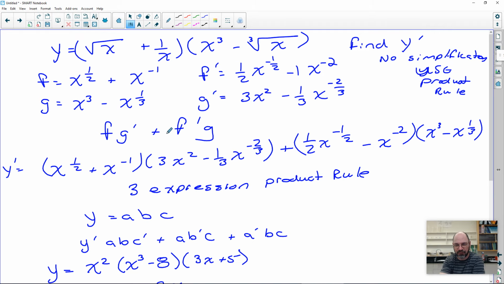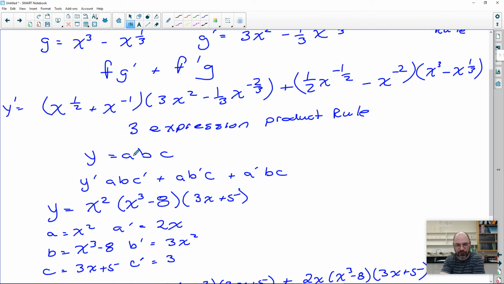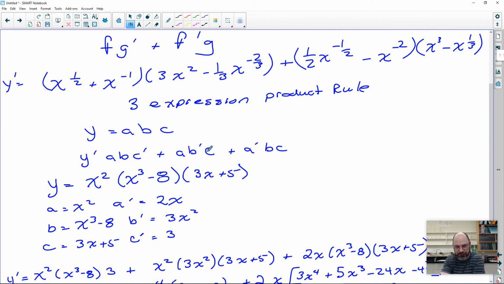Okay, and then we did another example like that, and then we did the three expressions together, which would just be, I should have an equal sign in here, sorry. It would be just the first two times the derivative of the third one, the first and third times the derivative of the second one, the first derivative times the second and third expressions.